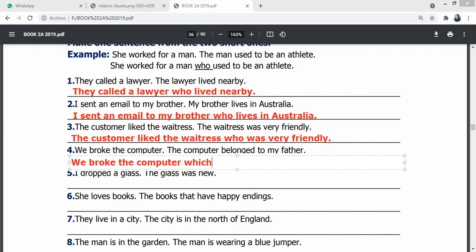Or which? Or that? Whose? Why do we use whose?